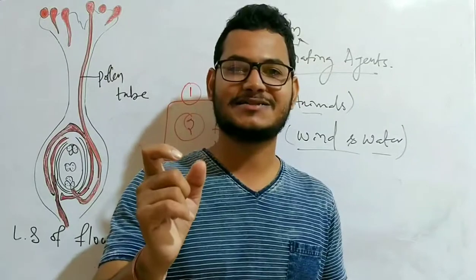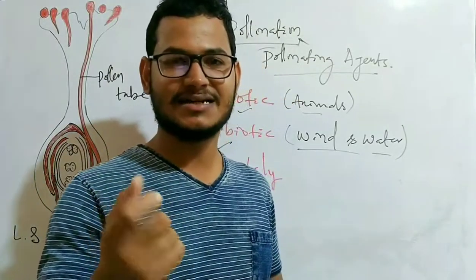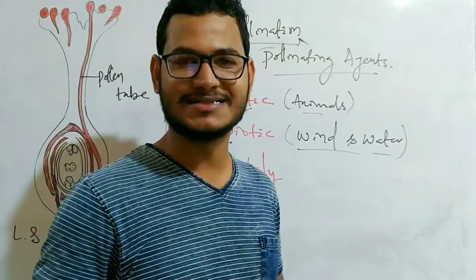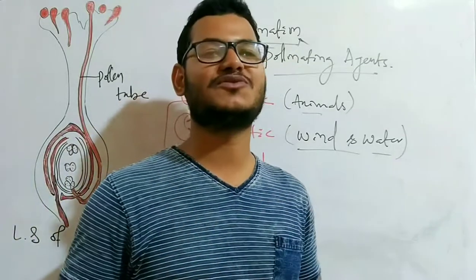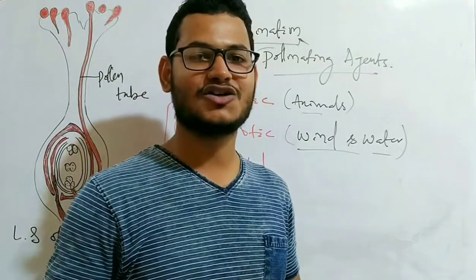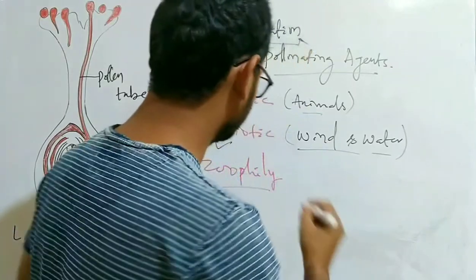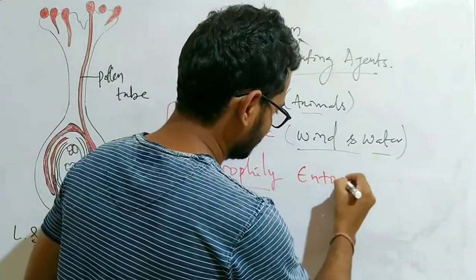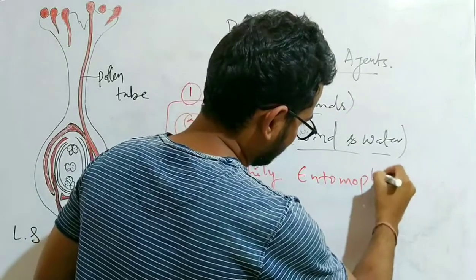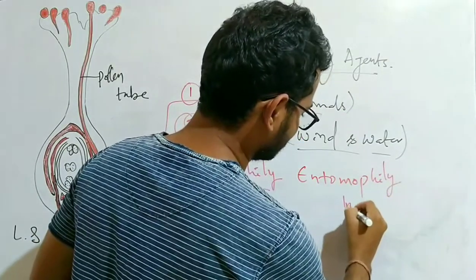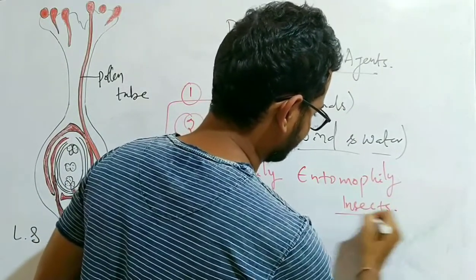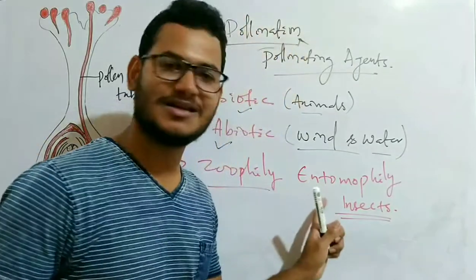Insects are very important pollinating agents. When insects are responsible for causing pollination, it is called entomophily. This is the most important type of pollinating agent.